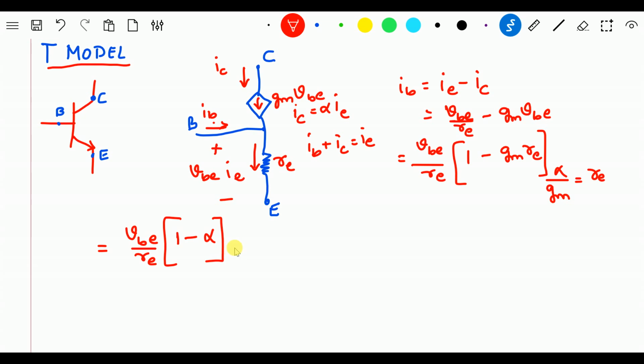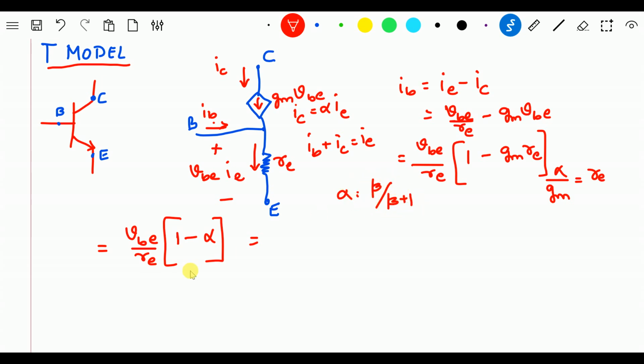That is what I have substituted. Now if I write alpha in terms of beta, we know that the gain alpha equals beta divided by beta plus 1.